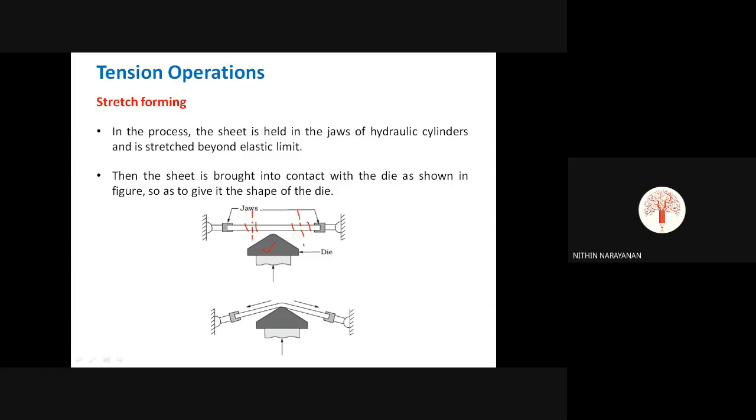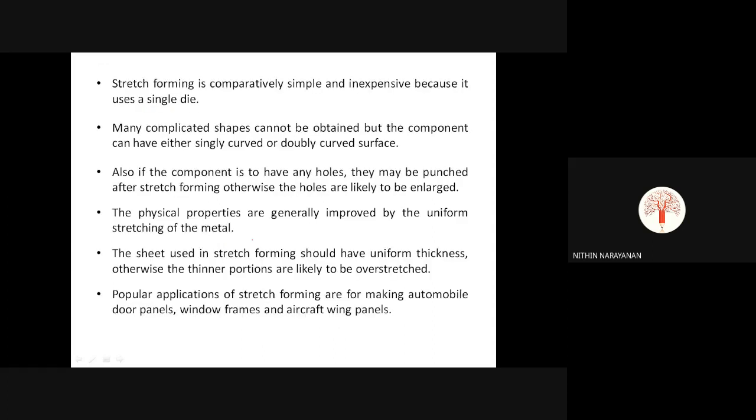Otherwise, if sheets with different cross sections are used, the sections with reduced thickness will elongate or deform more, that is, they will be overstretched. This can be avoided by using a uniform cross-sectional sheet.